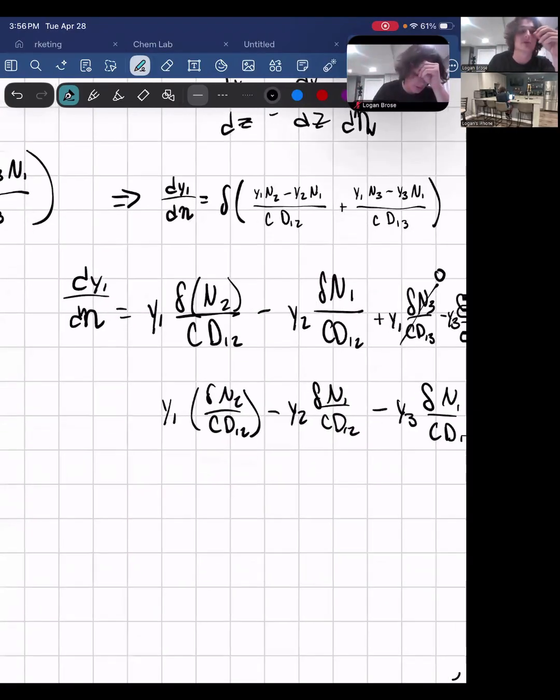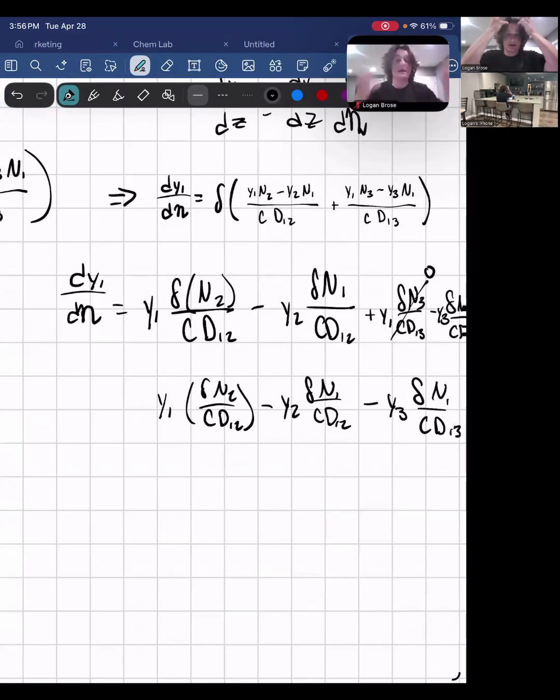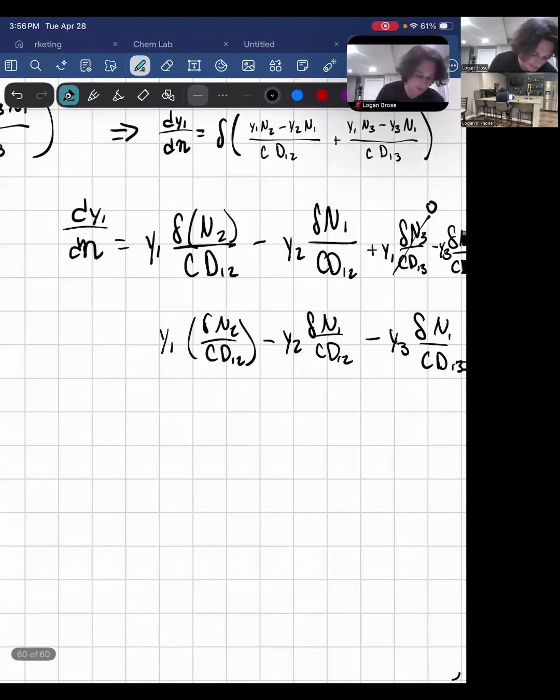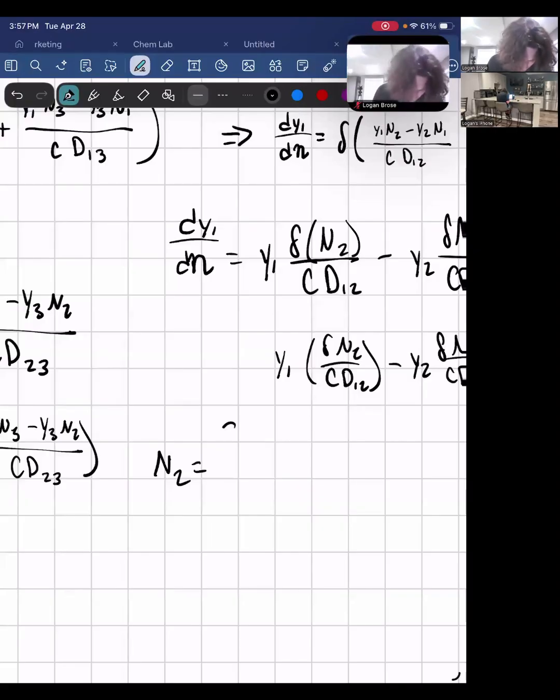But we are then able to make a guess based on the Maxwell equation. And so we get N2 to equal cd12 over delta with some math, and then we can plug in what our C is.